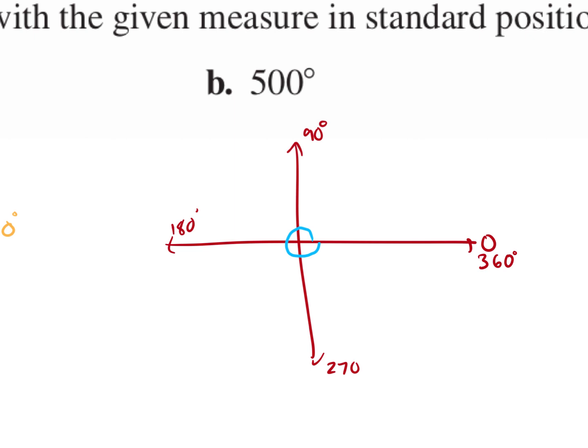How did you know that it was 140 degrees more? You subtracted 360 from it. Awesome. So we can subtract 360 to show that we just went around one time, but we need to see how much more we have. So if we do 500 minus 360, that would be 140. So we would want to go around another 140 degrees. So what quadrant would that put us in? Quadrant 2. And we'd be kind of in between 180 and 90, about there.